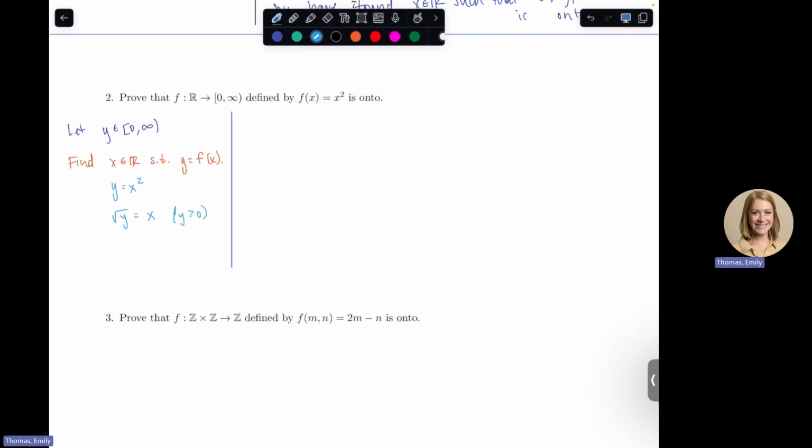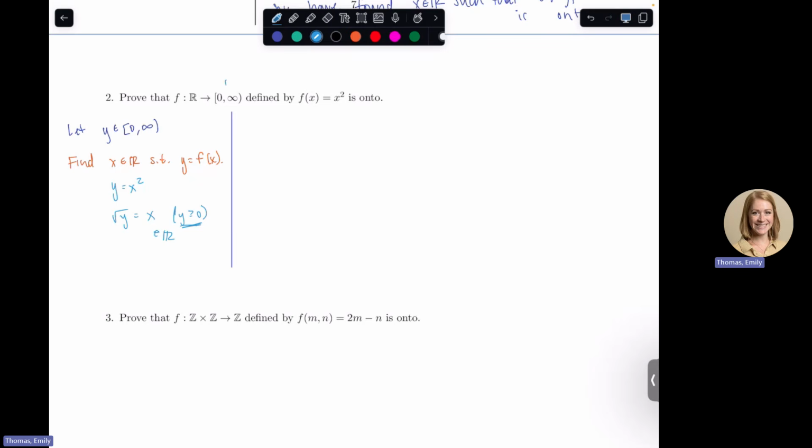Does this feel wrong? No? You were saying about the odd and even square roots of things. Yeah, taking square roots, you need to be taking square roots of positive numbers to end up with a real number. So this is only going to be a real number because y is greater than or equal to 0. If it was negative, it would not be, not for all of the y's, so it wouldn't be onto.